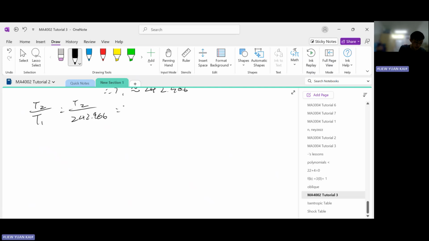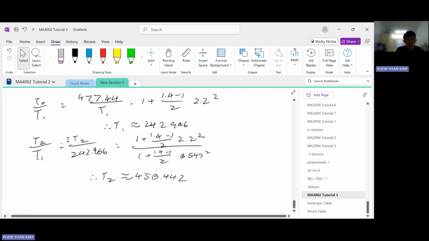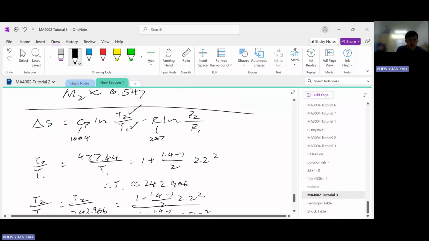Then the formula for the shock relations states that it's given by this. Okay, so therefore you can calculate T2 to have a value of 450.442. Okay, so T2 is found.